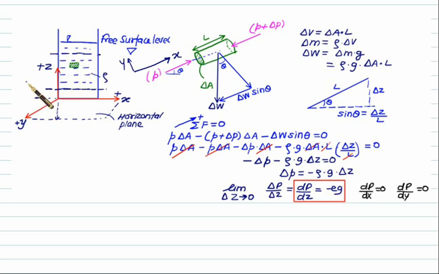But if P1 is the pressure here and P2 is the pressure there, these two pressures will differ. So to solve pressure problems, we'll use the concept dP by dz equal to minus rho g. The minus sign indicates that as z increases, the pressure decreases. Consider one reference level. Above this reference level z is positive, and if you move below it, z will be negative.